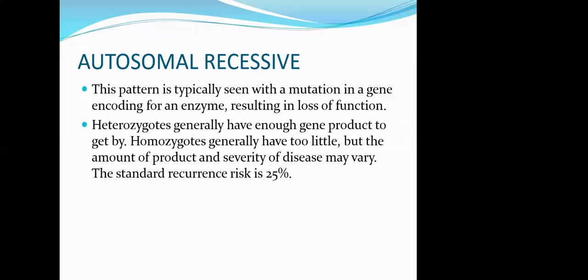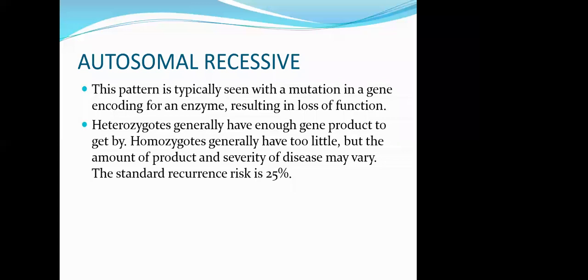Autosomal recessive condition: this pattern is typically seen with a mutation in a gene encoding for an enzyme, as I said, resulting in loss of function. Homozygotes, who are people with both genes mutant, have too little protein, and hence disease is seen. Heterozygotes usually have some that will make them still function as normal.